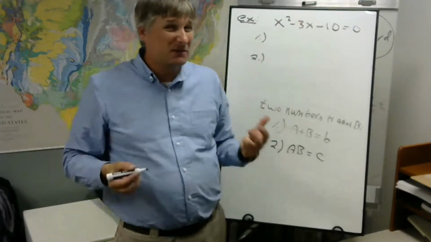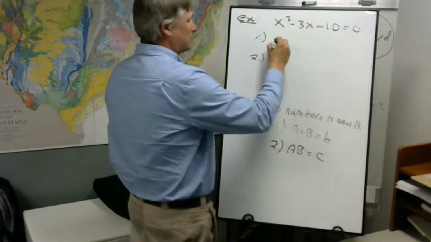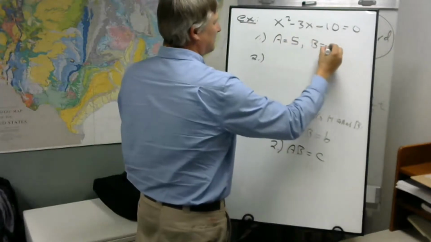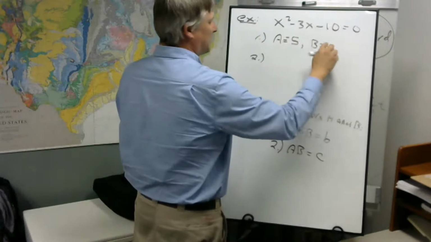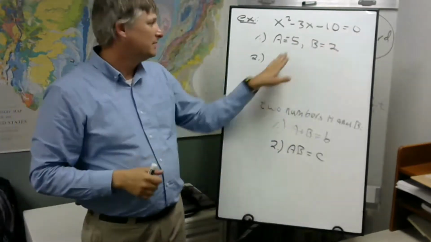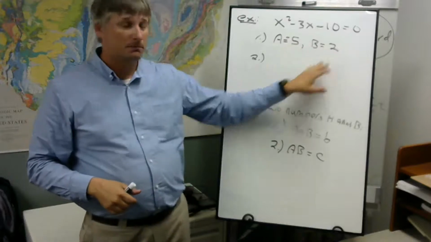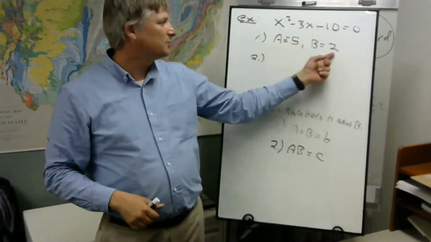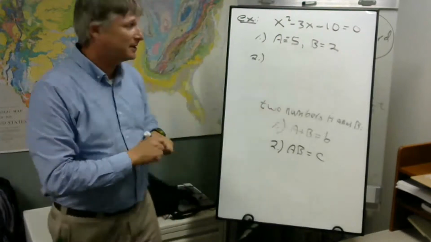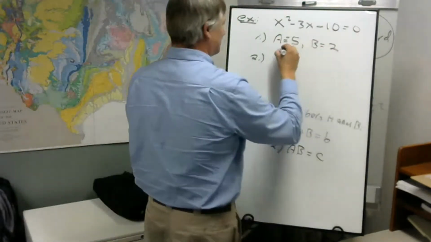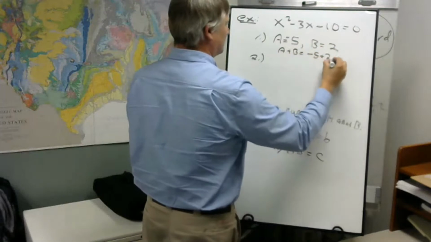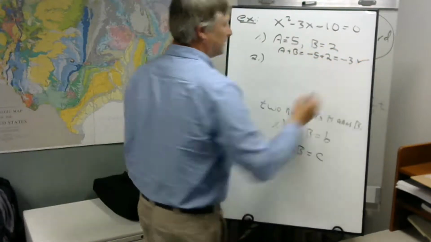And if you play around with different pairs of numbers, these two numbers work, -5 and 2. -5 plus 2 is -3. -5 times 2 is -10. So that works.